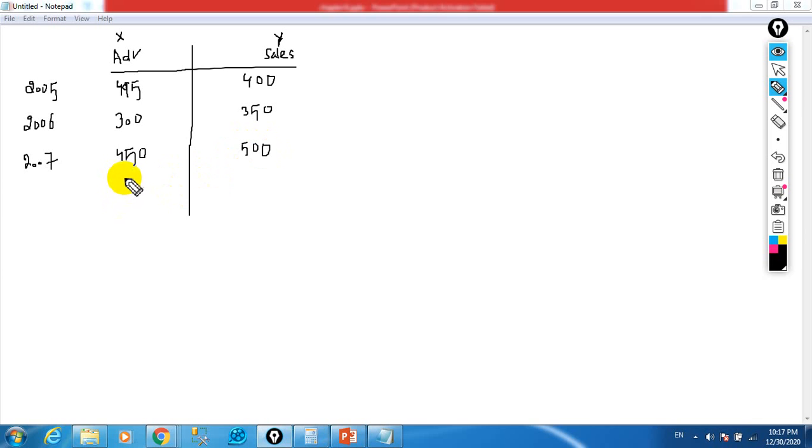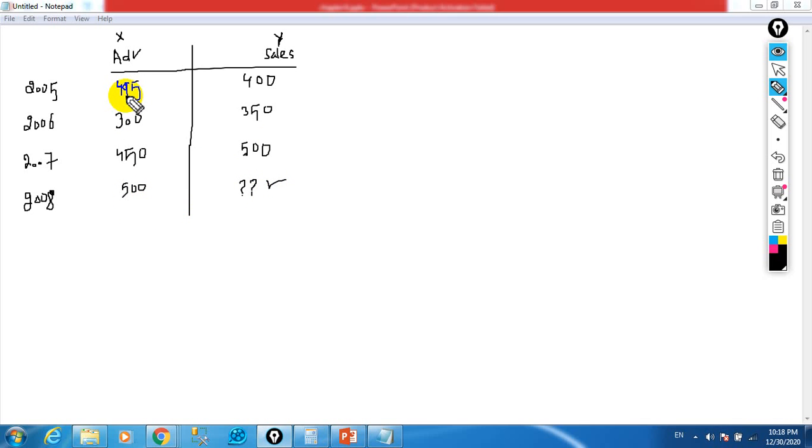So if I am doing advertisement in 2008, for example $500, what will the sale be? We are finding this by using regression.